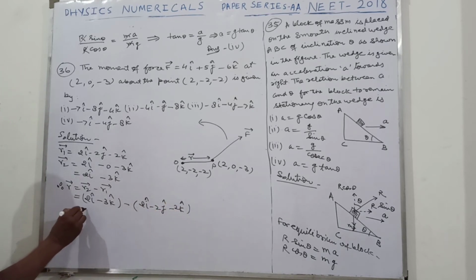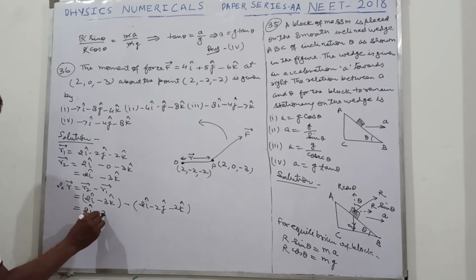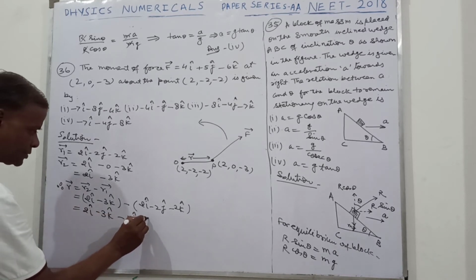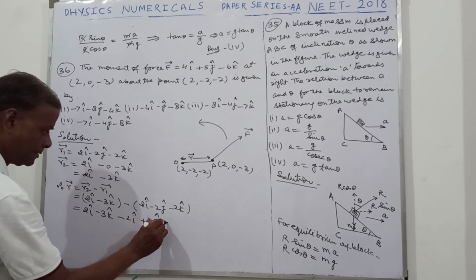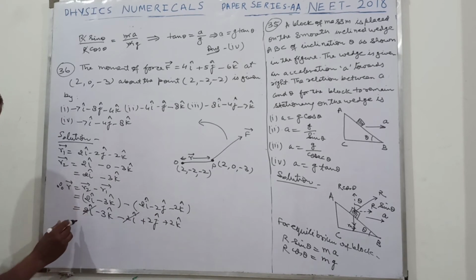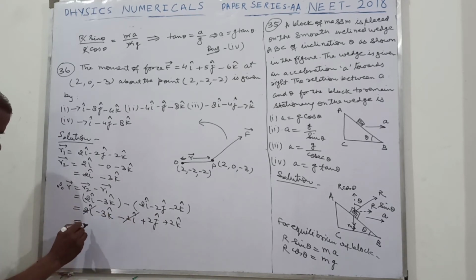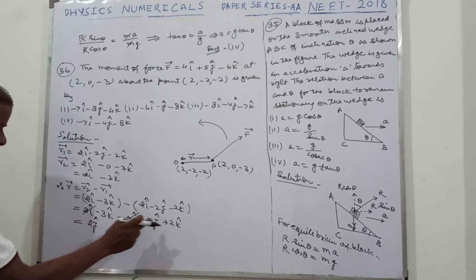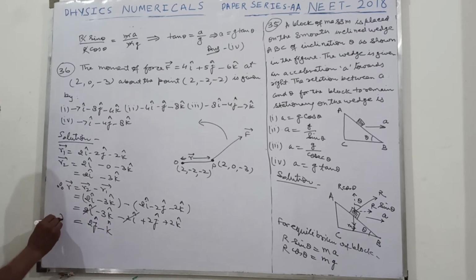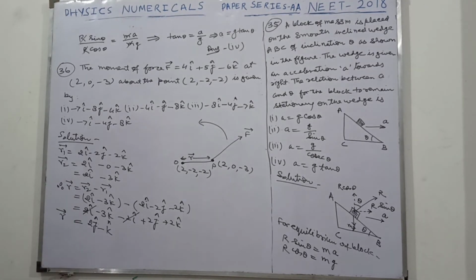So we have 2i minus 3k minus 2i plus 2j plus 2k. The 2i and 2i cancel, and we have 2j and minus 3k plus 2k, so minus k. This is now R.